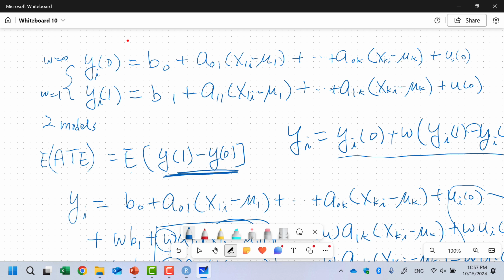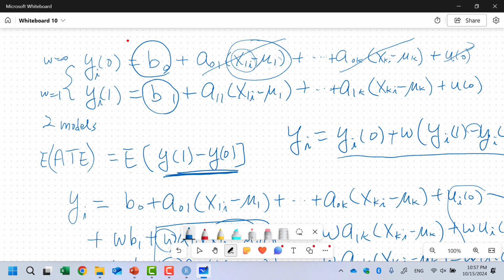So when you take the expectation of y0, the x terms will be 0, because the expected value of x is the mean, so this will be gone, everything will be gone. The only thing left over is b0 and b1.